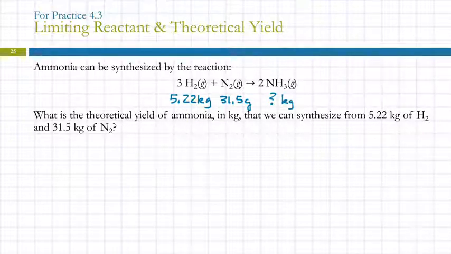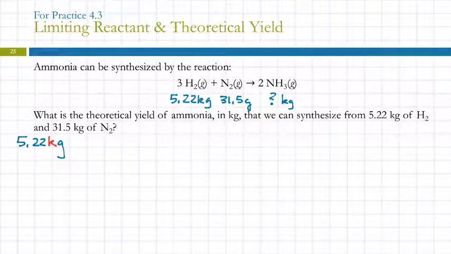For each of these, let's do the first one first. So 5.22 kilograms. I'm going to write that kilo in red. We're just going to ignore that. It's going to sit there uncanceled, and then at the end it'll still be there. This is the way I like to do these.